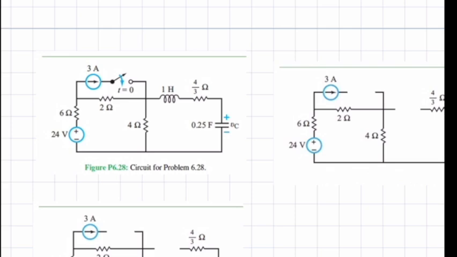Because I calculated omega. Resistance. Do you use the 2 ohm resistor or not? Yeah, I did. Isn't it short?